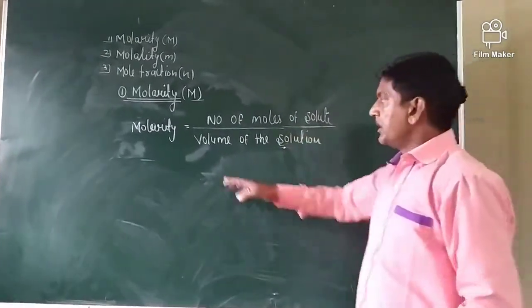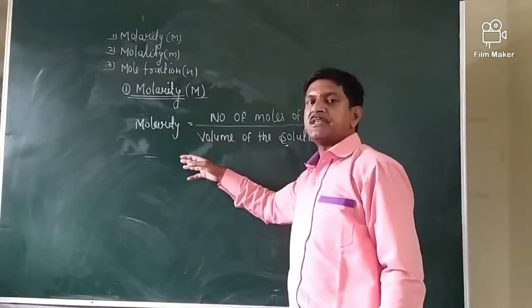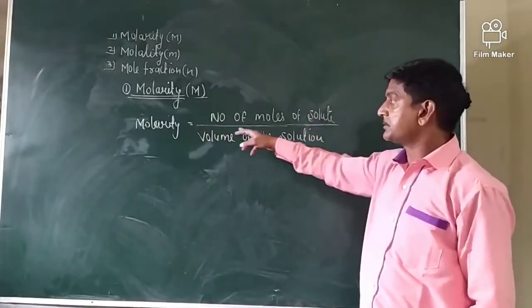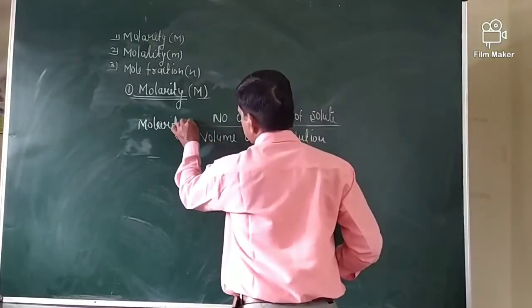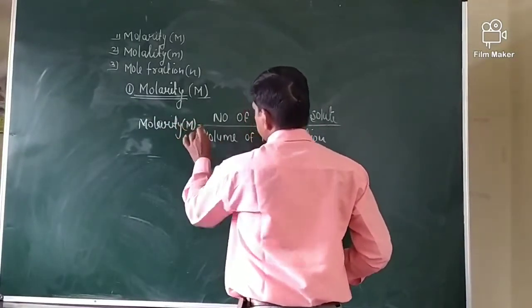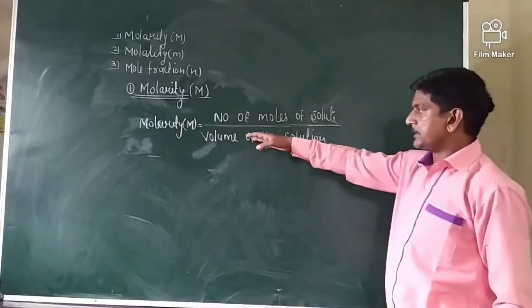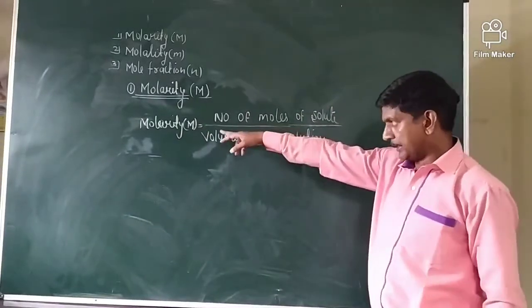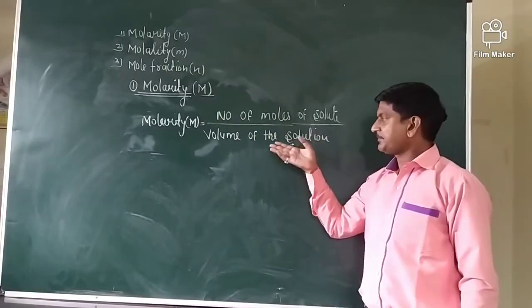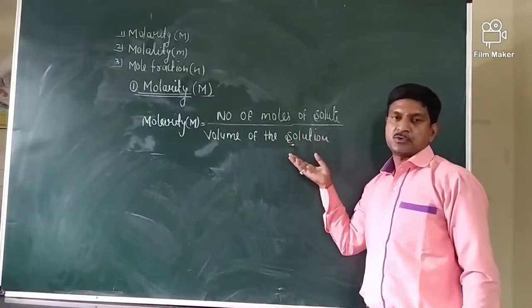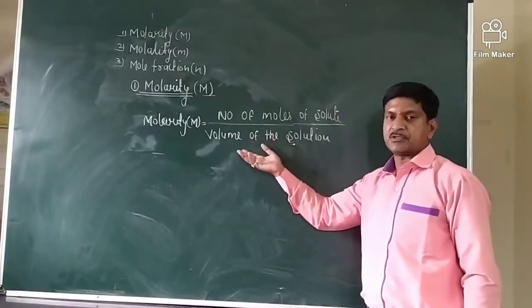Molarity means the number of moles of solute present in 1 liter of the solution. It is represented by the capital M. So you can write molarity equals the number of moles of solute present in 1 liter of the solution. The volume will be in liters.